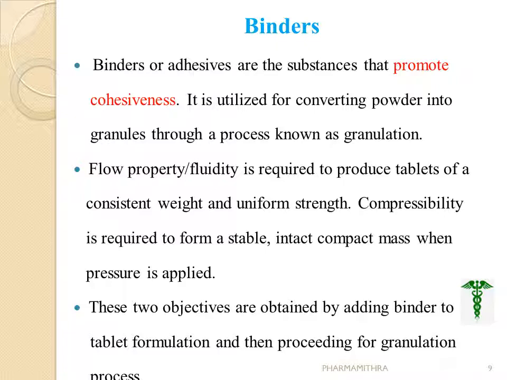We also want a binder to control the flow property, and to compress our powder into a compact mass by applying a particular pressure. So binders promote cohesiveness by converting powder into granule form as well as by compressing into a compact mass, which happens in the granulation process. These two objectives are obtained by adding the binder to the tablet.